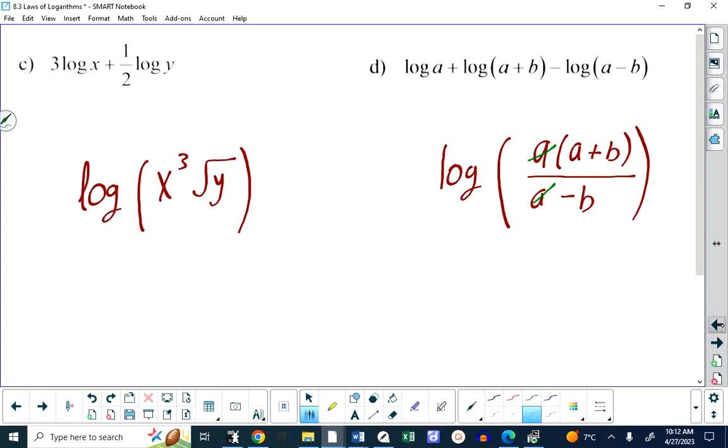Because A is not a factor on the bottom. Right. If it were a factor on the bottom, how would it present itself? What would it look like? A times something. It would be A in brackets. So because it's A minus something, all bets are off. So you can't do anything with that. That's it.